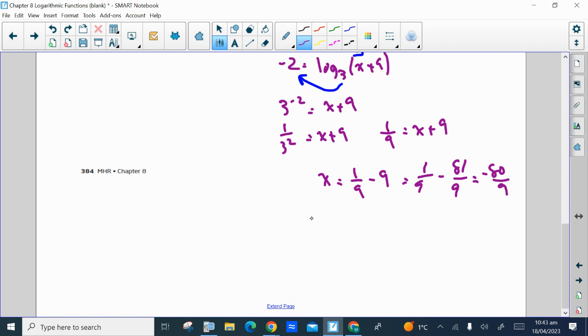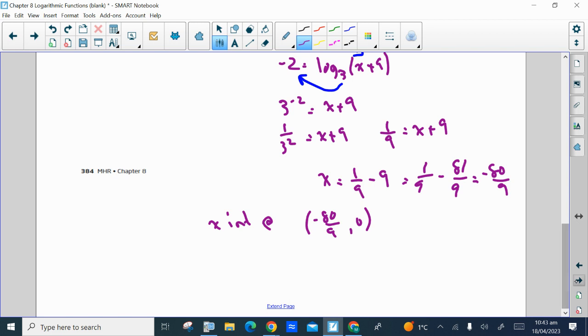That's our x-intercept. That's our value of x when y equals 0. Which is negative 8 and 8 over 9, almost negative 9, which is consistent with our graph. The x-intercept is almost at negative 9, just not quite.